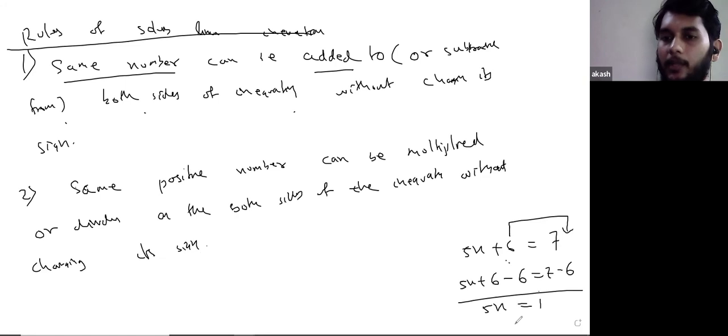That means if you have 5x is greater than 6, then you can multiply by any number or divide by any number on both sides without changing its sign, given the number should be positive.